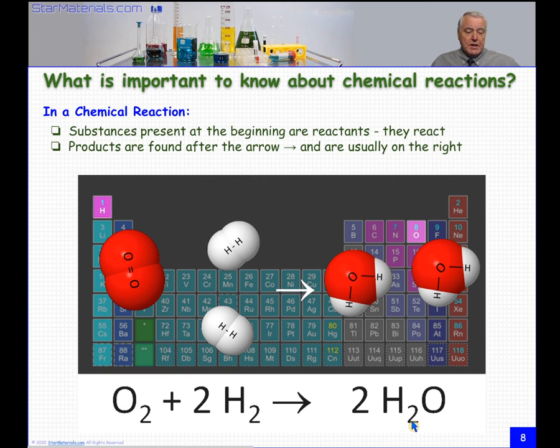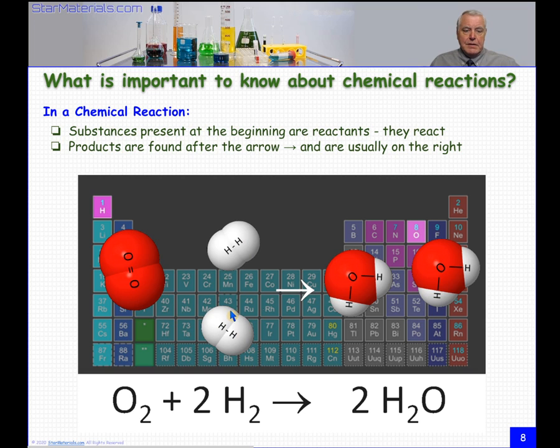Now the smaller numbers tell you how many in each of the molecules. You have 2 oxygen in 1 molecule. You have 2 hydrogen in 1 molecule, but you have 2 molecules.